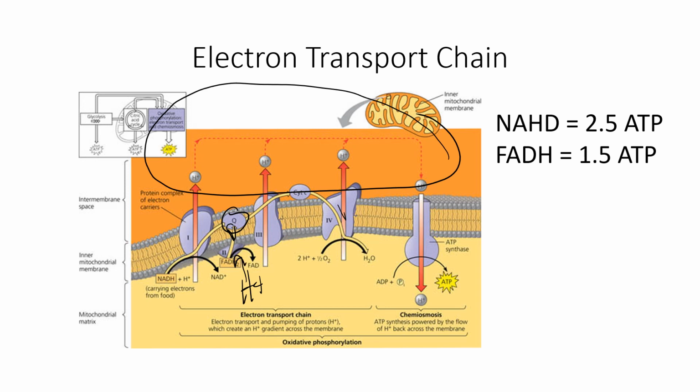Complex 2 is not a transmembrane protein. It doesn't drive the translocation, we could say, of hydrogen ions from the matrix into the intermembrane space. All that happens is the electrons from complex 2, which coenzyme Q is really taking from FADH2, are brought to complex 3, and complex 3 then oxidizes coenzyme Q to become reduced.